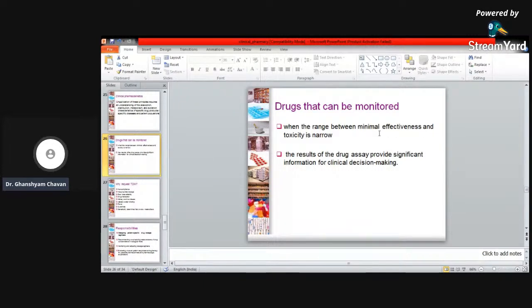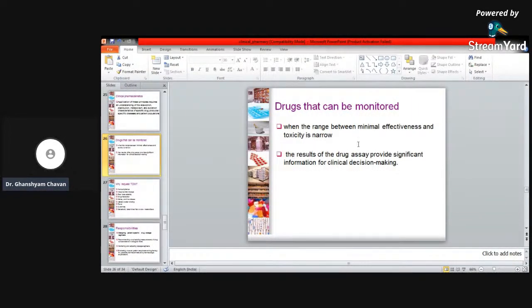Due to that narrow therapeutic range, we have to give this drug very consciously, so that it should not reach the toxic dose. It should stay between 100 and 120, so that it does not decrease and show no effect, and does not increase and start to show its toxic effects.